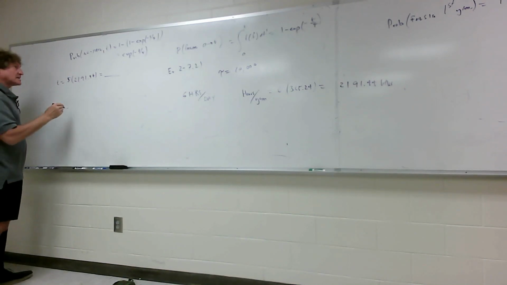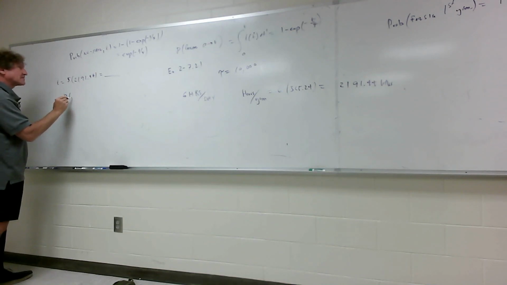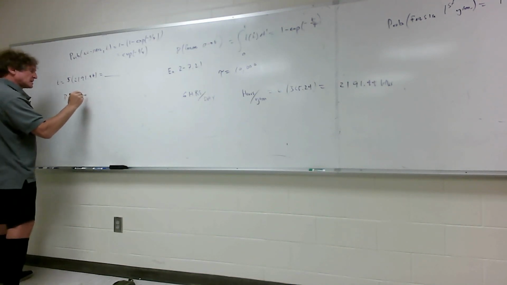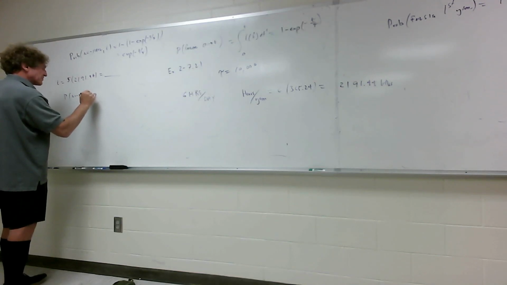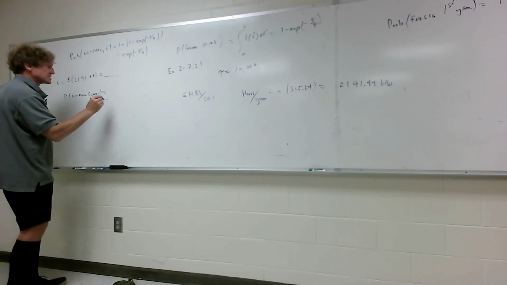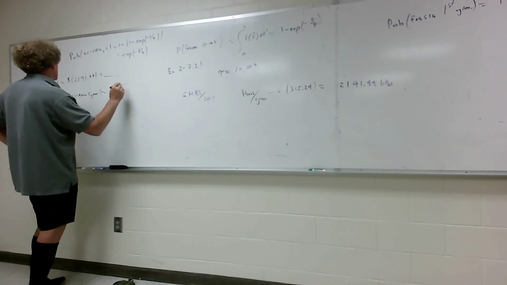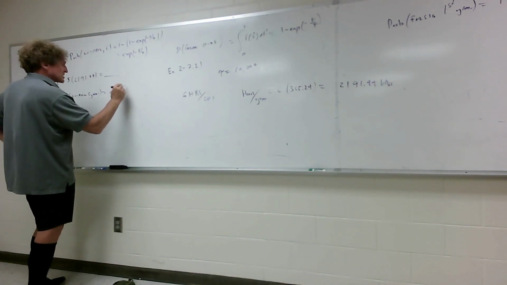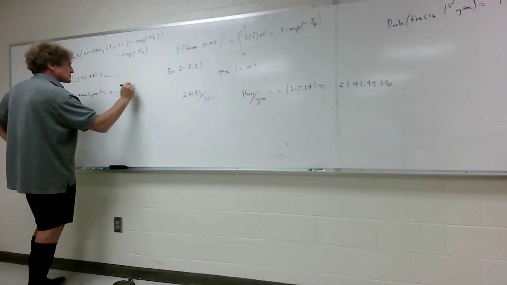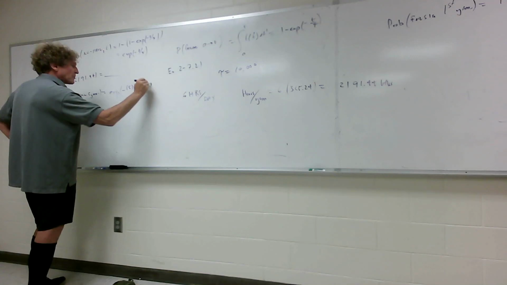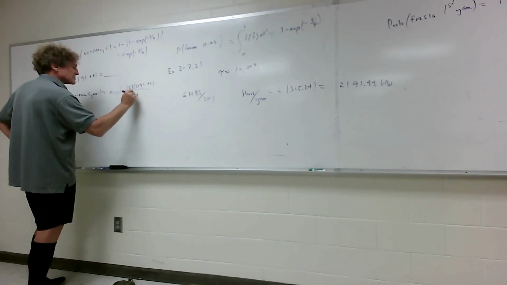All right, that means the probability of no failure in 5 years is equal to exp to the minus 5 times 2191.44 divided by 10,000, right?